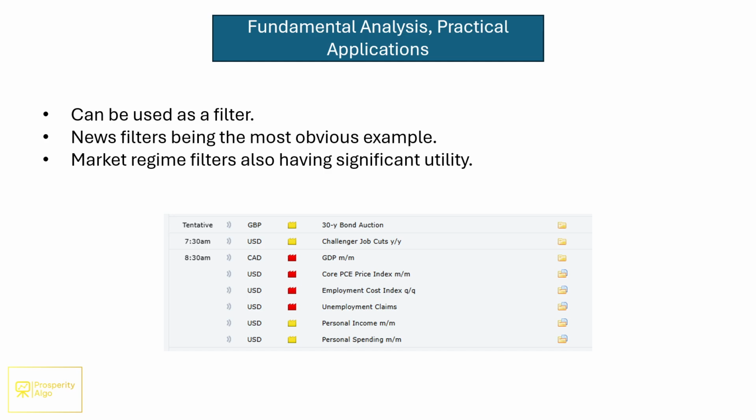And I have another video on market regimes, but effectively what this means is certain robots will trade better during bullish markets, during bearish markets, or during choppy markets or range-bound markets. And using fundamentals can actually really help you assess when to trade which robot. So it can be fantastic when running more of a portfolio of robots.